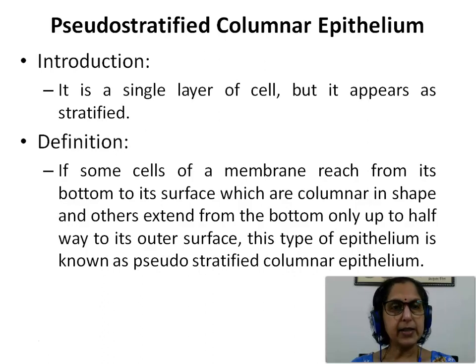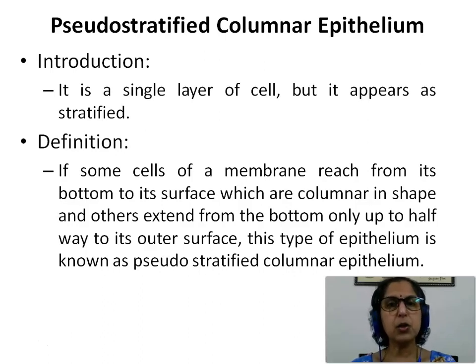It's defined as if some cells of a membrane reach from its bottom to its surface, which are columnar in shape, and others extend from bottom only up to halfway to its outer surface, this type of epithelium is known as pseudostratified columnar epithelium. So all the cells are resting on the basal membrane.